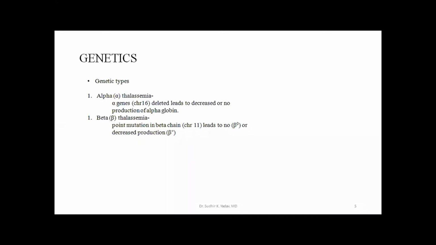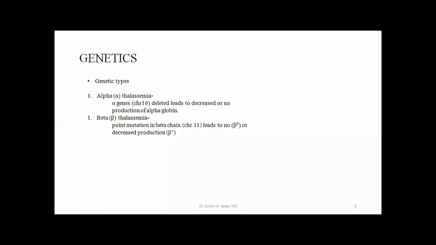Usually, in alpha genes, there is a deletion. There are four alpha genes, and each is responsible for 25% of total alpha globin. So, if one gene is affected, there is only 75% of total alpha globin.